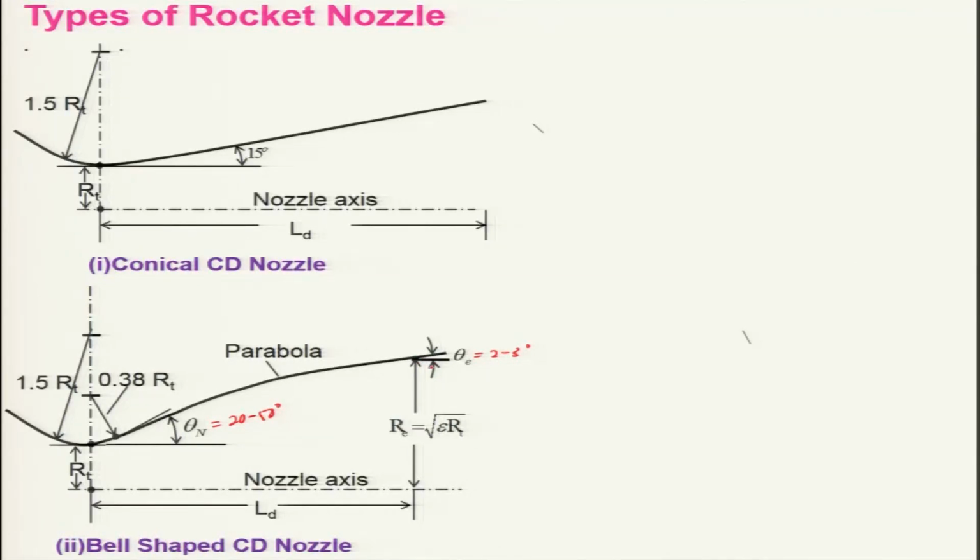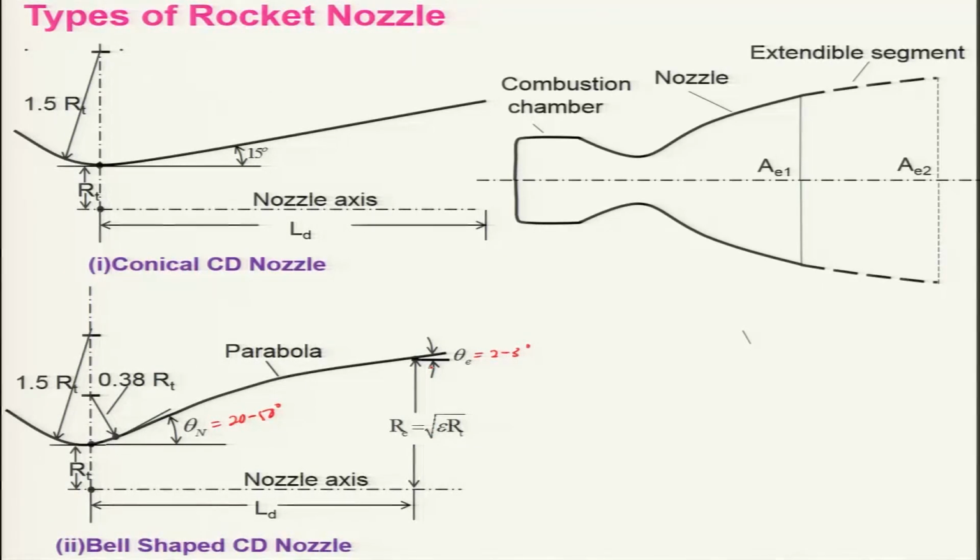Various other designs have also been used, because the convergent divergent nozzle has to go through various altitudes where the atmospheric pressure will be changing. For that, people have designed an extendable CD nozzle, in which the extendable segment will be actuated at a high altitude, whereas for the low altitude the lower area ratio nozzle is used, so that it will be adapted properly and losses will be minimized.